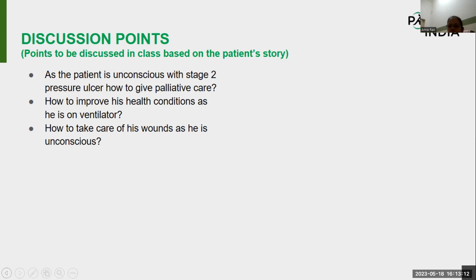Yes, right. Though the patient is on ventilator, keeping in mind that the tubing doesn't come off, we have to change the position of the patient. Sometimes we can apply some mattresses, intermittent pressure mattresses. Such things also can be done.